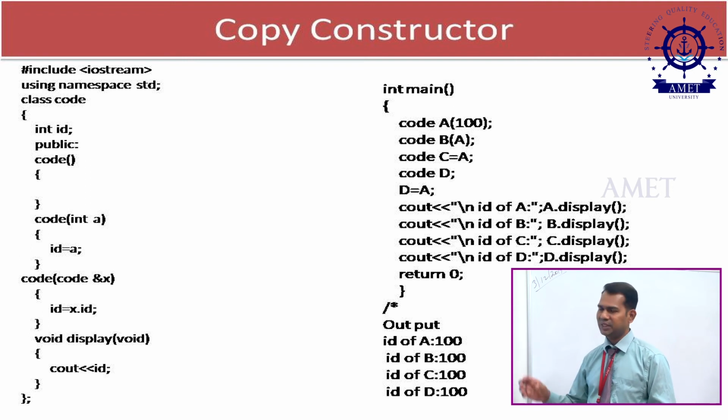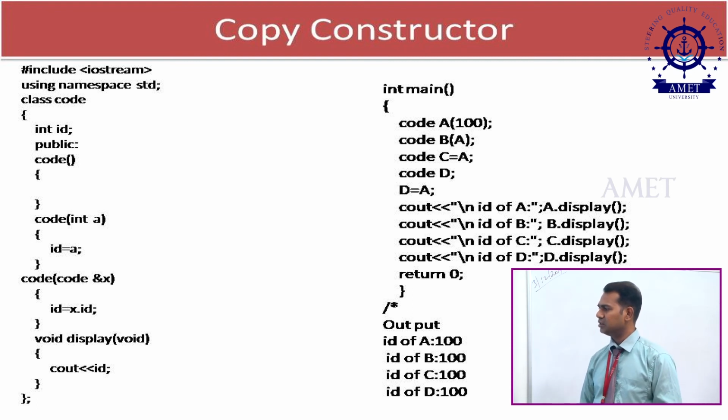So all the objects have data member x: a has x, b has x, c has x, and d also has x. All the x values will be 100, and finally if you execute this code, all the members of a, b, c, d will print 100.